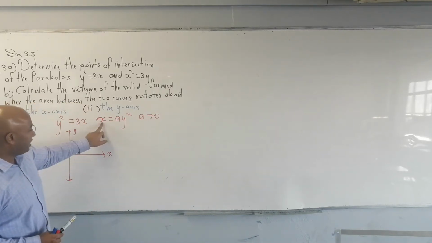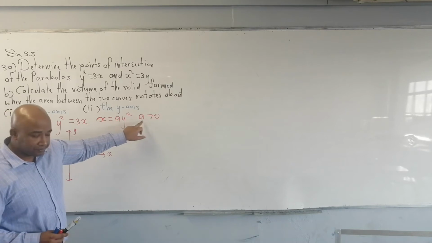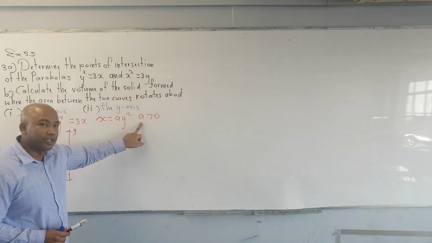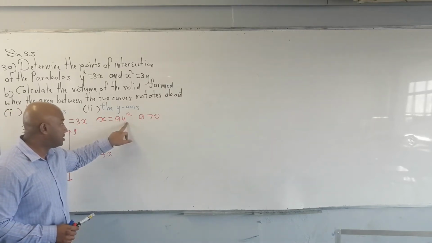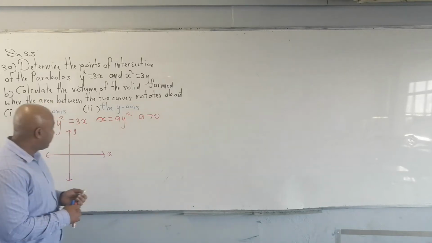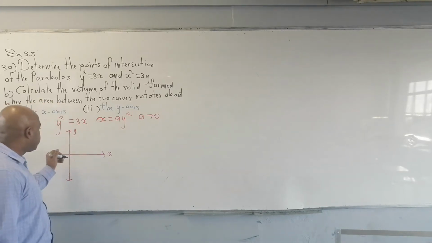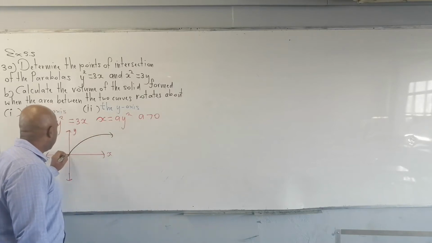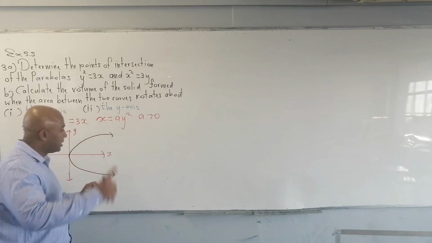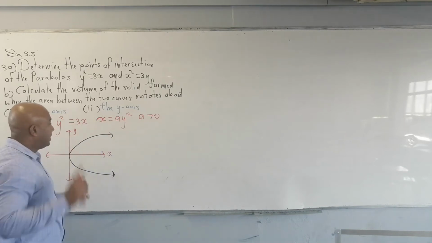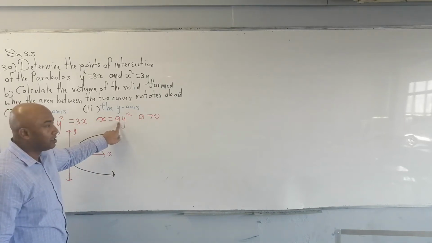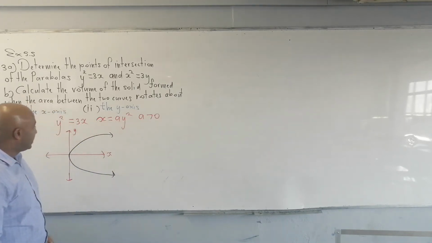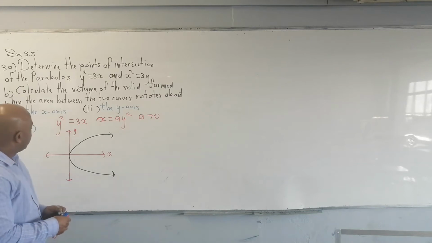But if x is equal to a y squared and the coefficient of y squared is positive, then your graph is going to be pointing to the right. X can only be positive. Right, so that is x is equal to a y squared.